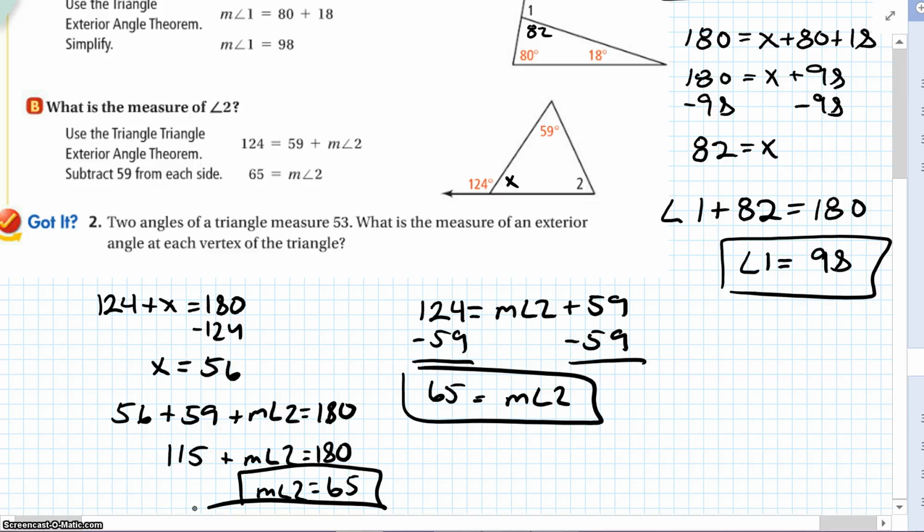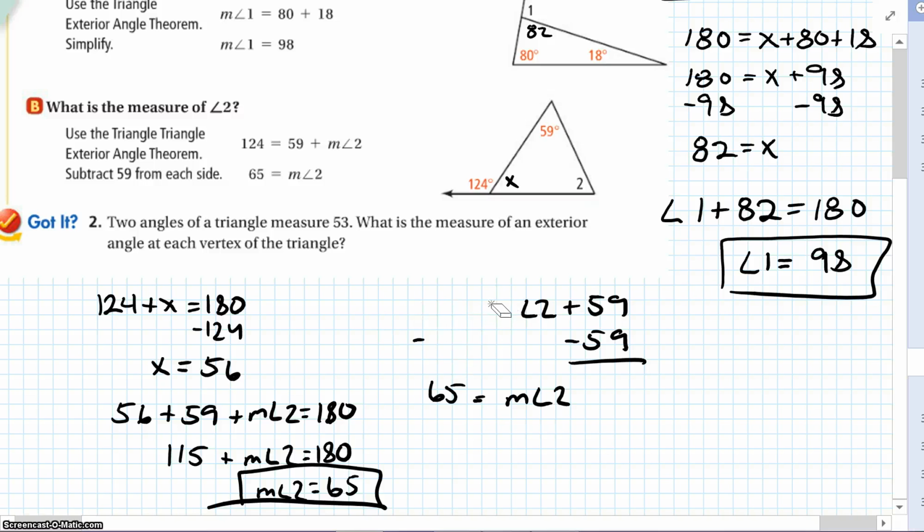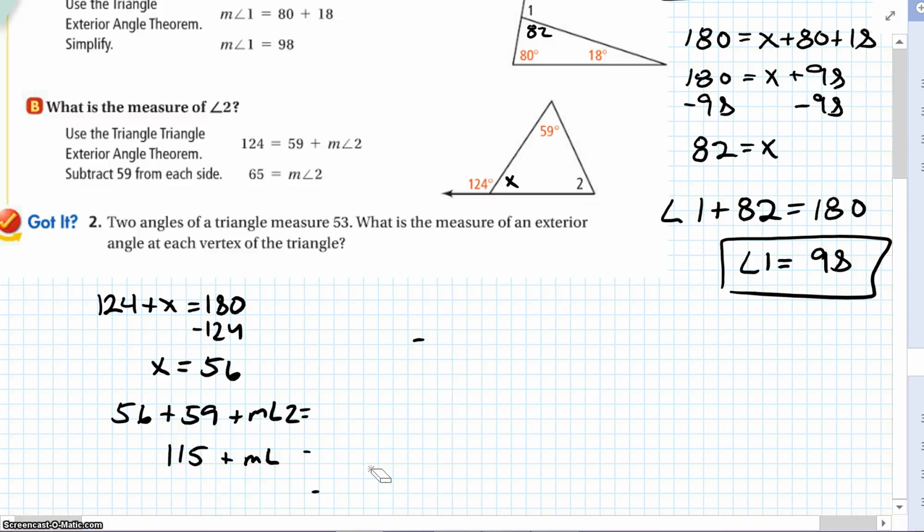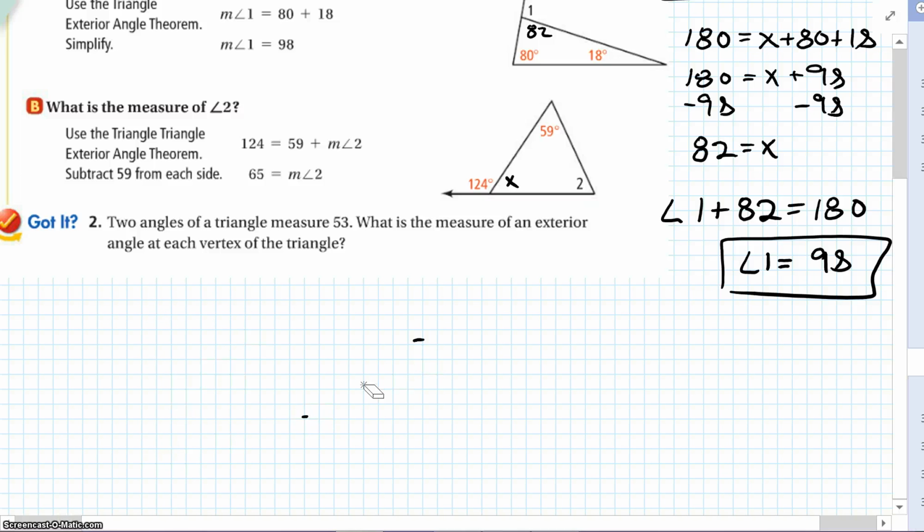All right, two angles of a triangle measure 53. What is the measure of an exterior angle at each vertex of the triangle? Okay, so let's draw that up. Two angles of a triangle measure 53. So let's get a triangle. That angle's 53, that angle's 53.